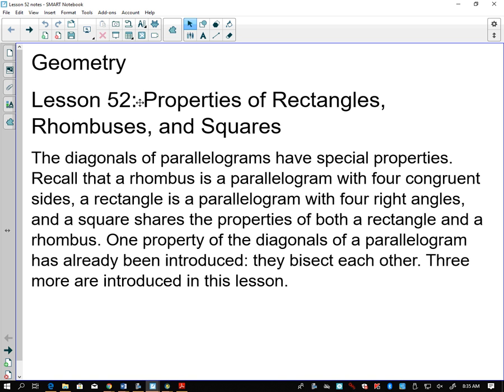Well, I'm going to have to go back to what I know about the diagonals of a rectangle in order to solve for missing pieces. Or, they're going to say, hey, this is a rhombus. Solve for this. They're telling you it's a rhombus because they expect you to use the properties of a rhombus to solve for what you need to solve for, or a square.